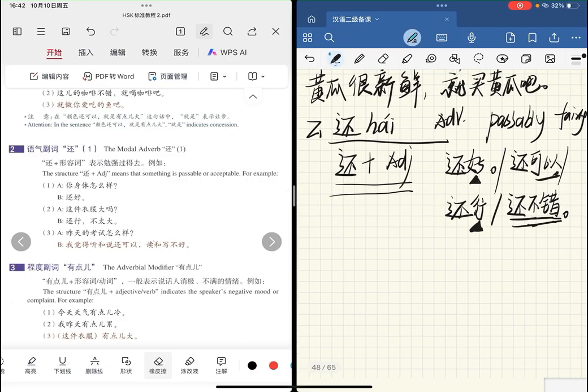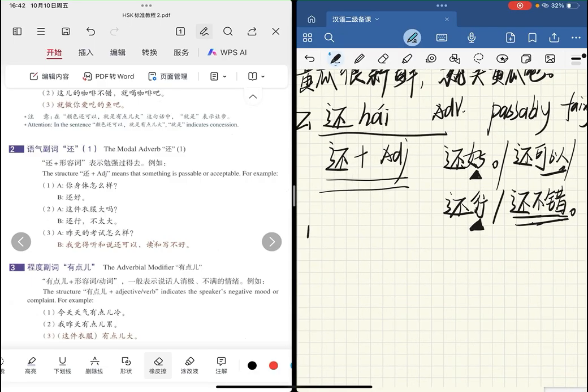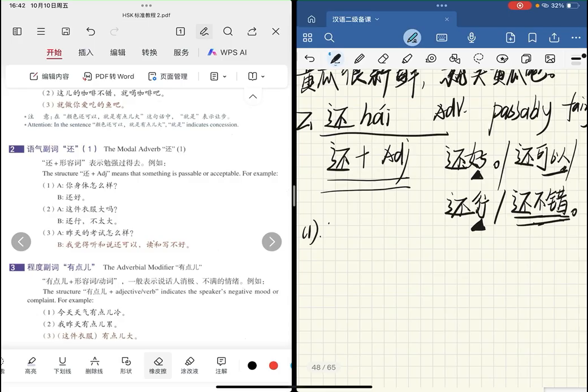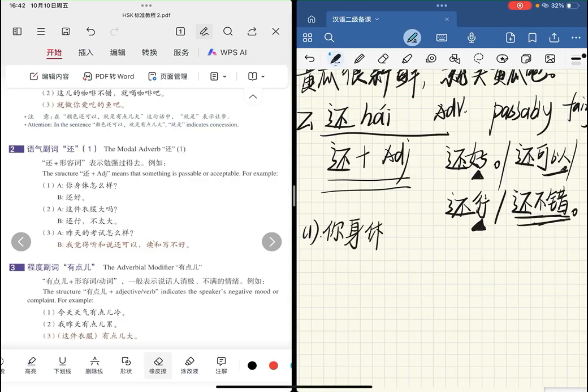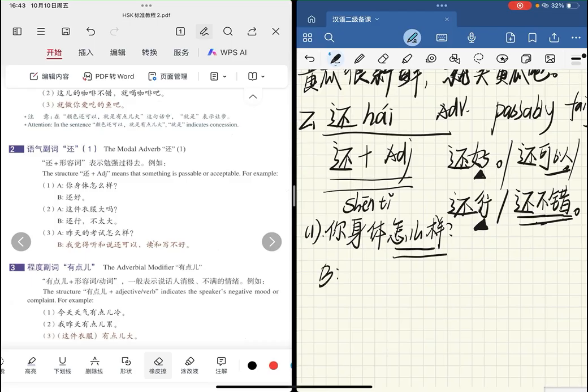Okay, let's see the example sentences. There is a conversation. 你身体怎么样？身体 is the body, and in this sentence it indicates health. So how's your health? The B answer is 还好, not bad.